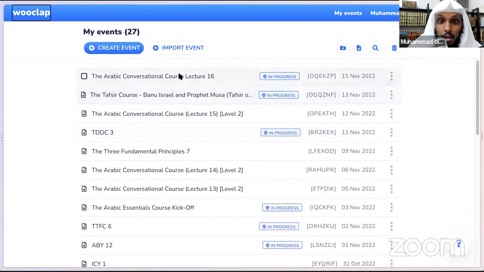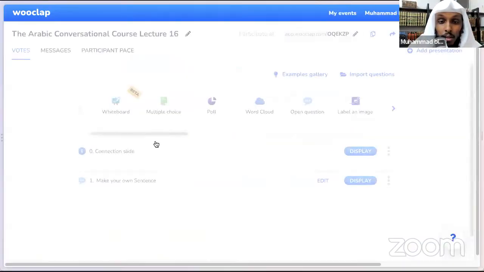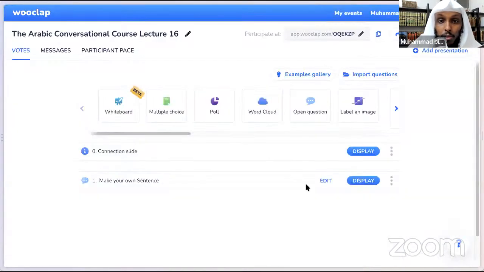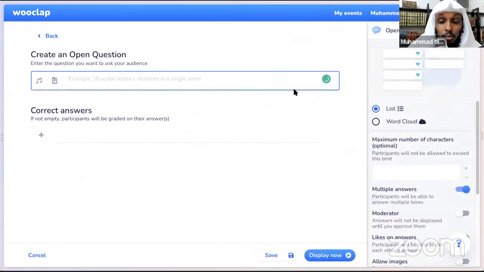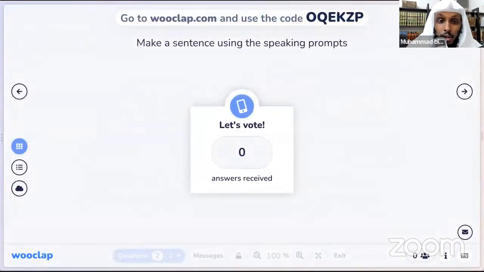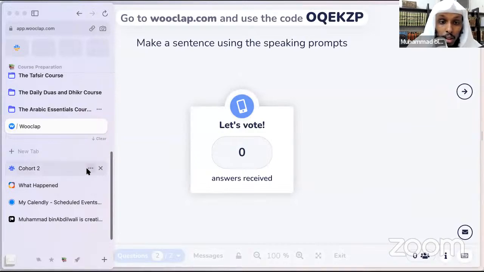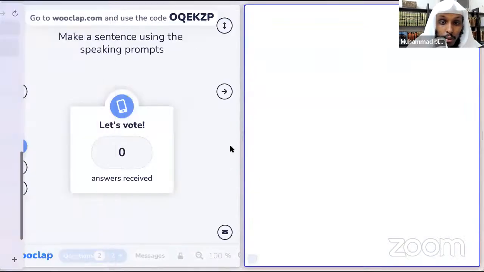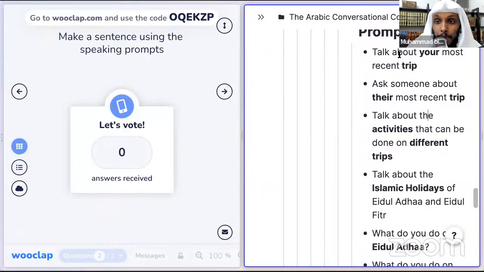Here we are. Okay, so let's go to this. So here I want you to make a sentence using the speaking prompts. So same thing as before, just this time round. You're going to be using these speaking prompts, inshallah. Open the split view. There we go. Okay.